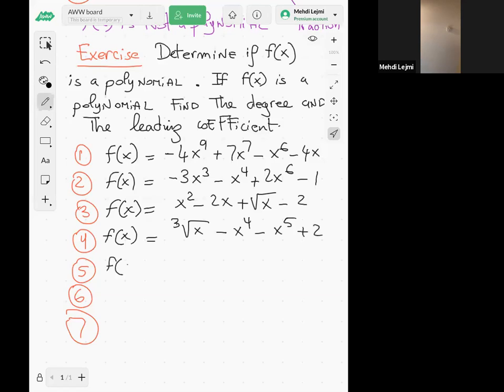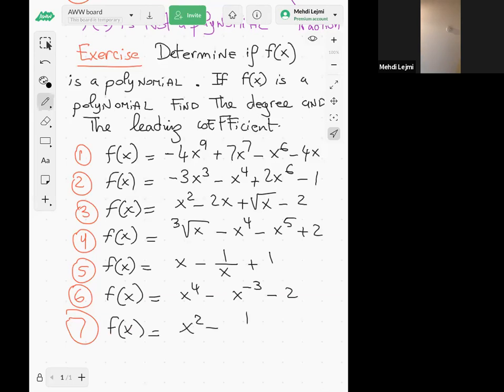5. F of x is x minus 1 over x plus 1. 6. F of x is x to the power 4 minus x to the negative 3 minus 2. And the last one, f of x is x squared minus 1 over x plus 1 minus 2.